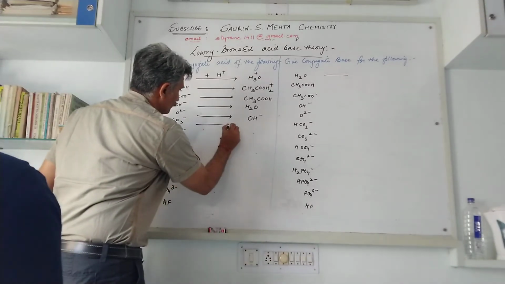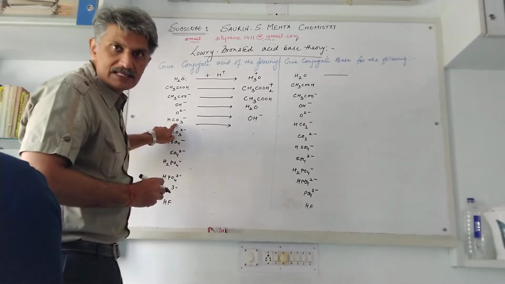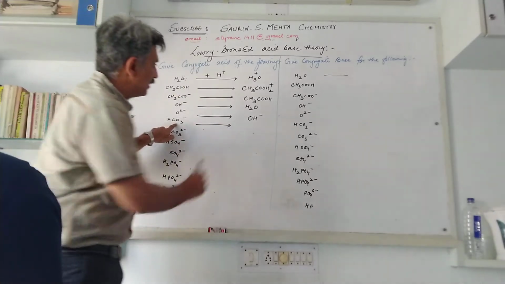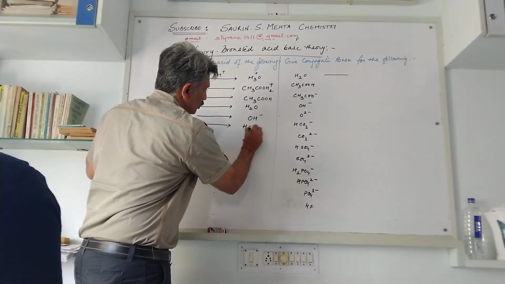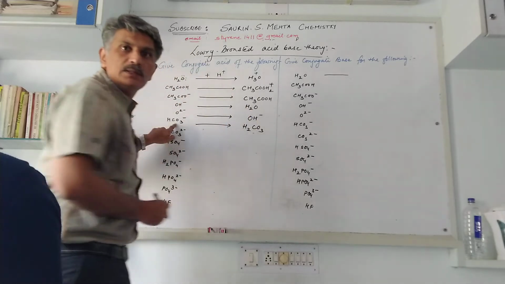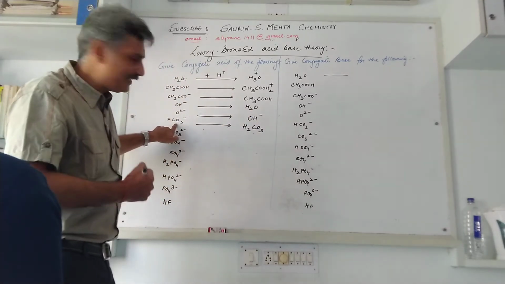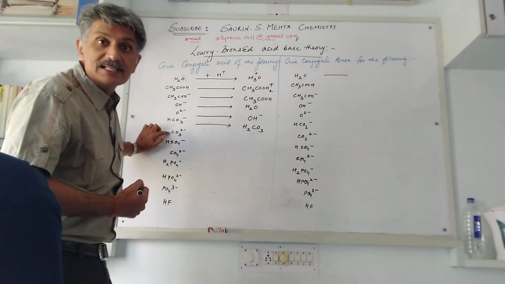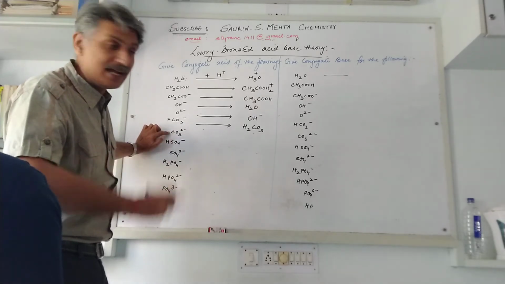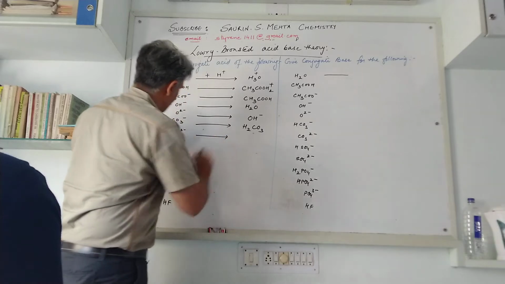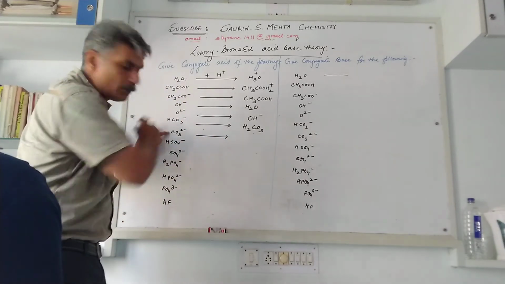Again, HCO3 minus. I'll add a proton and that will convert into H2CO3, carbonic acid. Similarly, carbonate, CO3 2 minus, carbonate ion. I want its conjugate acid. What will I do? I'll add a proton.